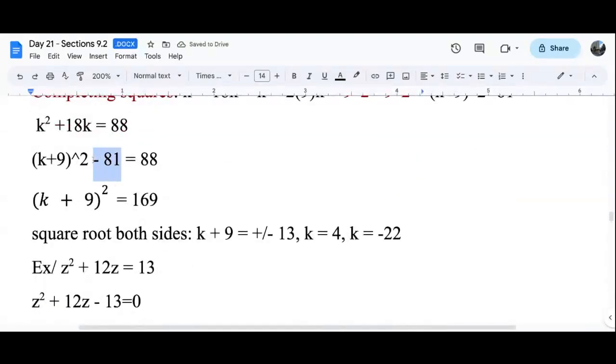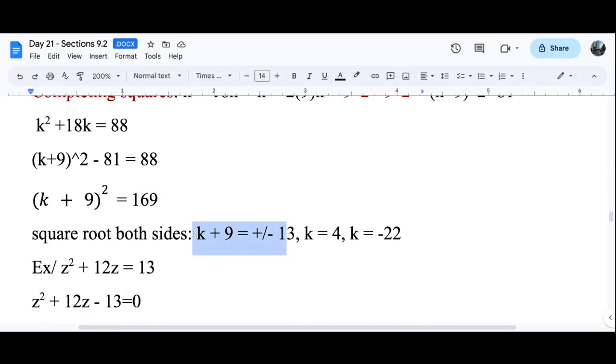So then I move this negative 81 to the other side, that becomes plus 81. So 88 plus 81, that's 169. On the left-hand side, I have k plus 9 squared. Now I can square root. When I square root, I get plus minus square root of 169, which is 13.